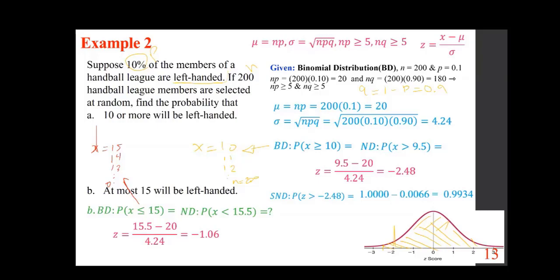And to me, graphing is important. So let me actually do the graph up here. So we want the probability of z being less than negative 1.06. This is, again, not to scale by any means, negative 1.06. And we are interested in finding this area.